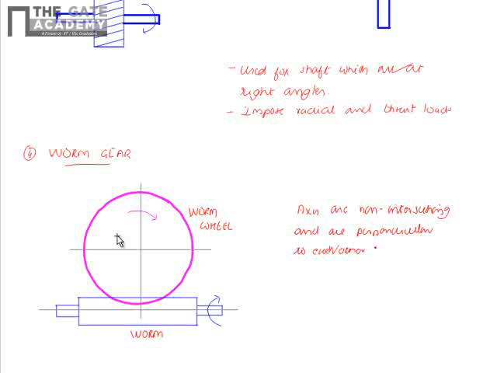That is a specialty of the worm gear. It is used when the two axes are perpendicular to each other. This is coming out of the board, and this will be this way. So they are perpendicular to each other and they are non-intersecting also. And in such cases we use the worm gears, and worm gears impose high thrust load.